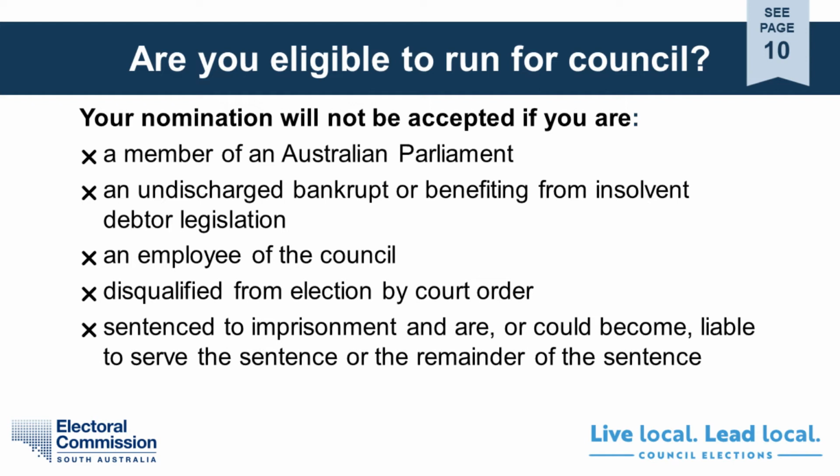Your nomination will not be accepted if you are a member of an Australian Parliament, including any state or territory parliament, are an undischarged bankrupt or benefiting from a law for the relief of insolvent debtors, are an employee of the council, are disqualified from election by court order, have been sentenced to imprisonment and are, or could become, liable to serve the sentence or the remainder of the sentence.